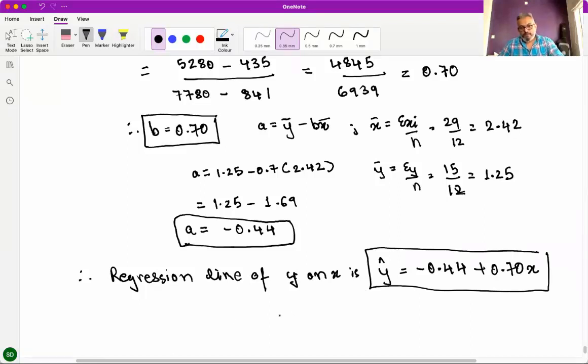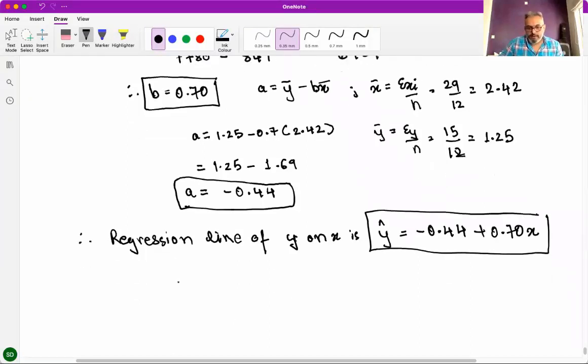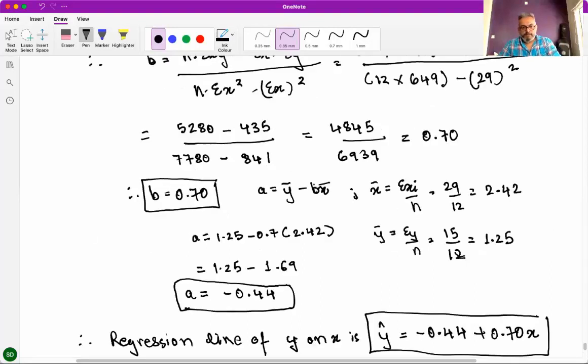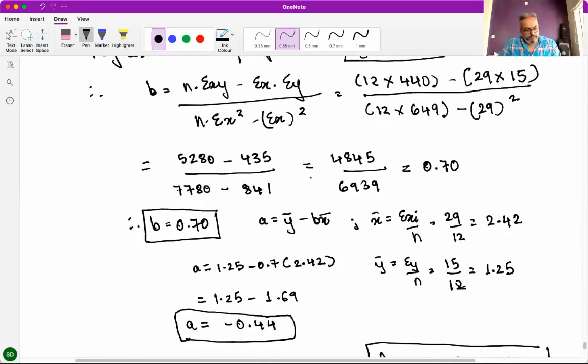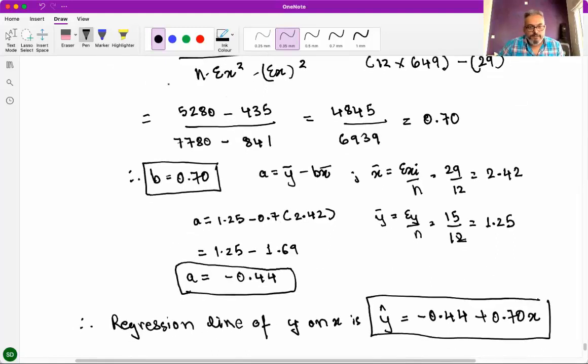Now, sum is not over. A student has spotted out a calculation mistake.